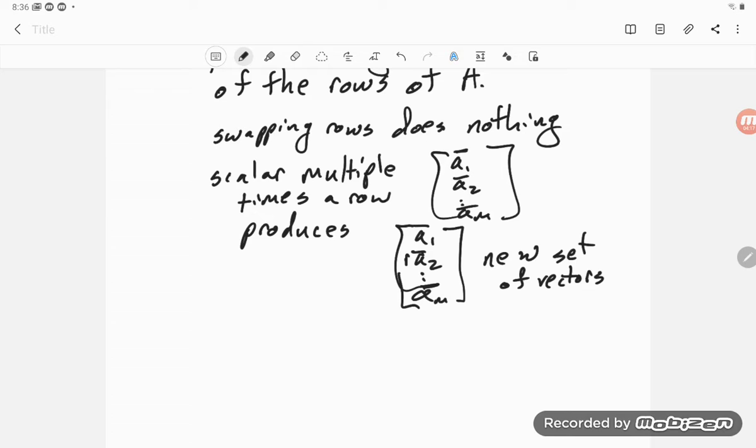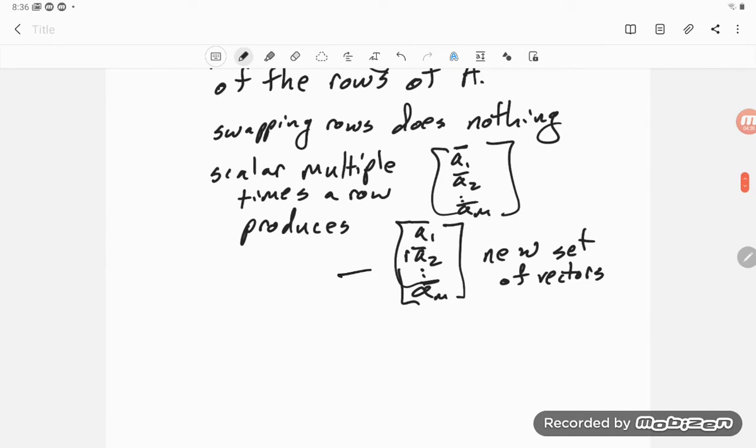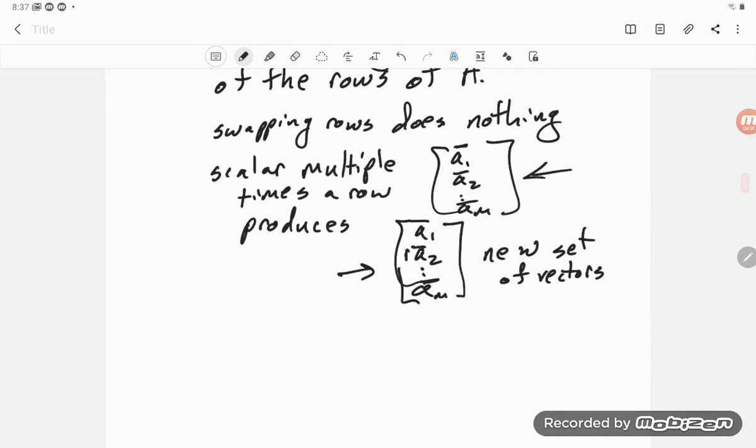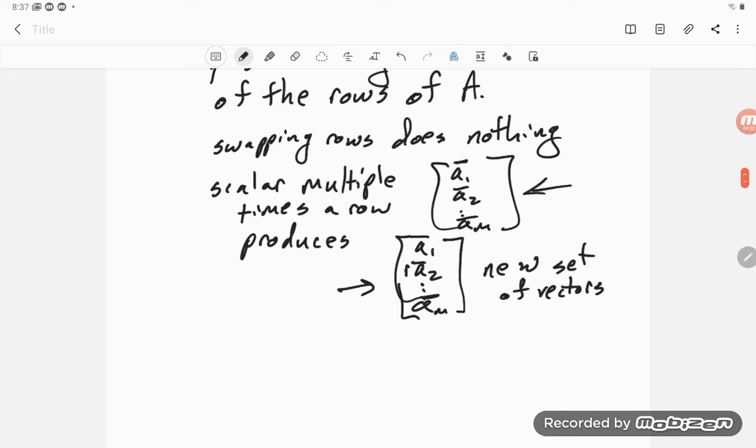I think their proof is not as illustrative as it could be, because I get a new set of vectors just when I multiply a row by something. However, the new set is definitely linear combinations of the original set. It's all the same vectors except for one, and there I just took R times that vector, so it was 0 times A1 plus R times A2 plus 0 times A3 and 0 times A4 and so forth.